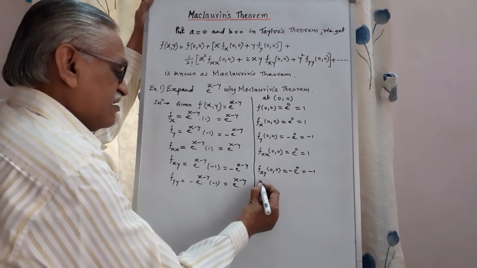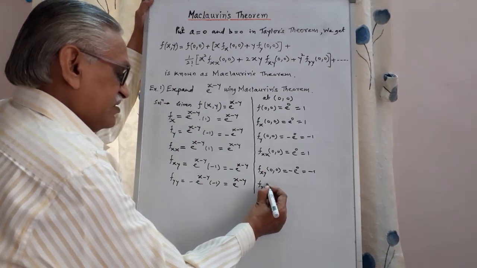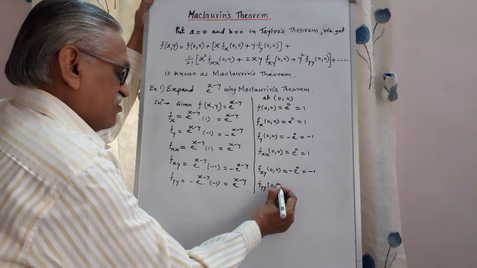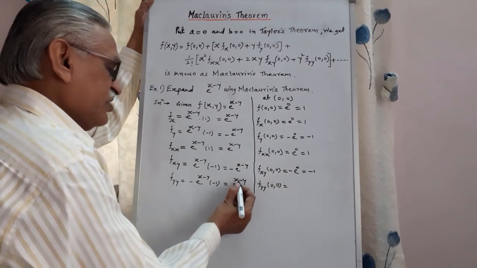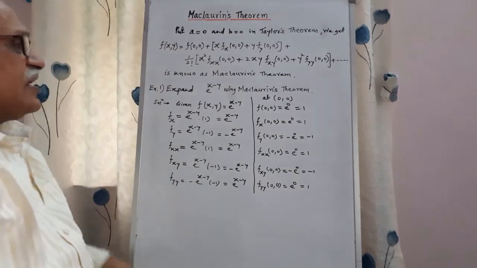And last, f_yy at (0, 0) is equal to e raised to 0, and e raised to 0 is 1. Therefore, these are the values.